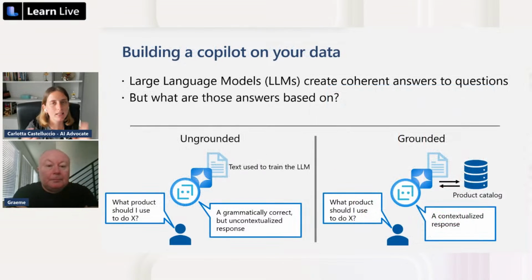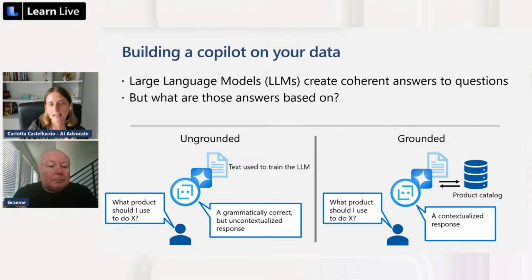And, starting from the design of the solution based on large language models, we need to address, I would say, one of the biggest limits of large language models, which is groundedness. So language models are growing in popularity as they create impressive, coherent answers to a user's questions.